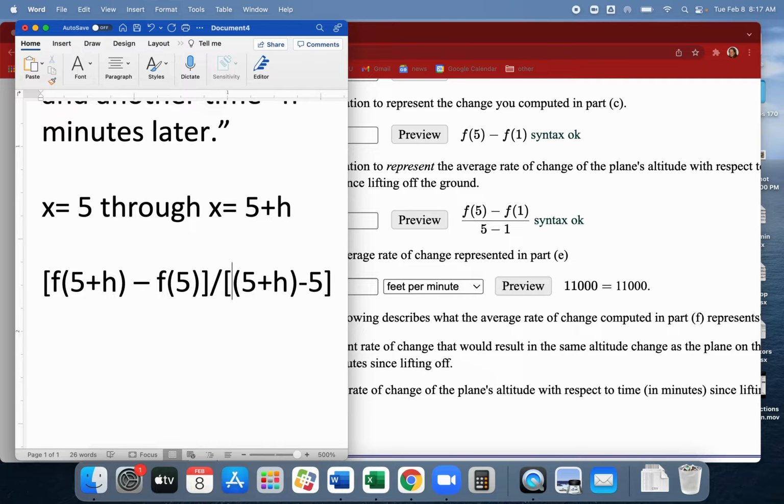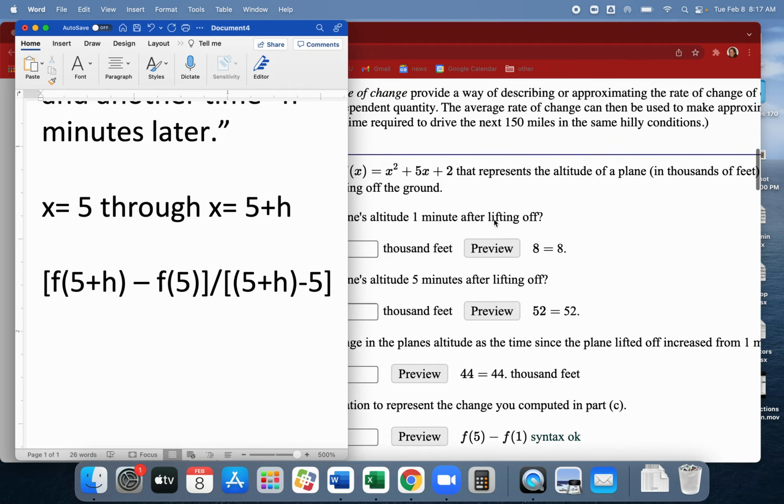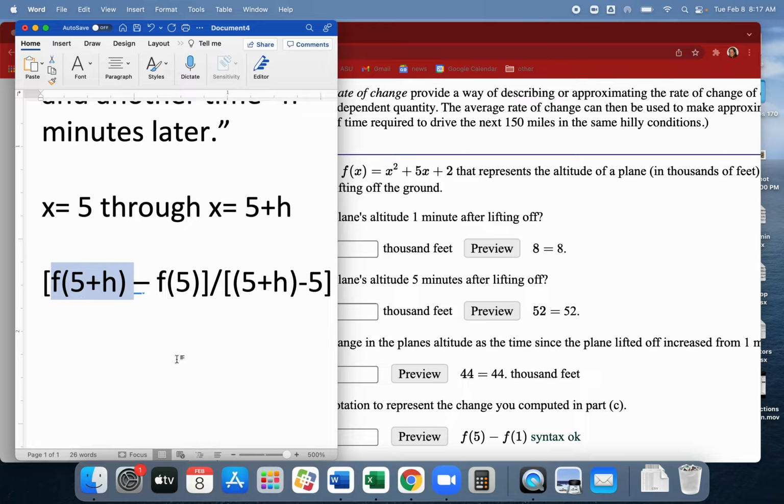Now, here's the fun with algebra that we need to worry about. Here's our formula for f of x: x squared plus 5x plus 2. So f of 5, I know, was 52, right? So most of this ugly looking thing I wrote is easy. The only part that is kind of a mess is that.